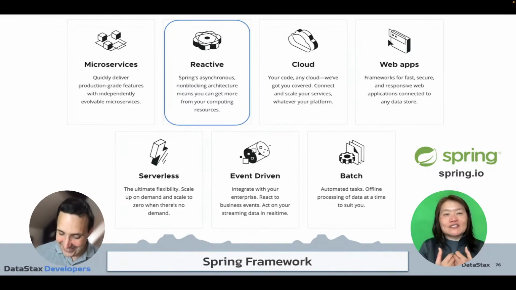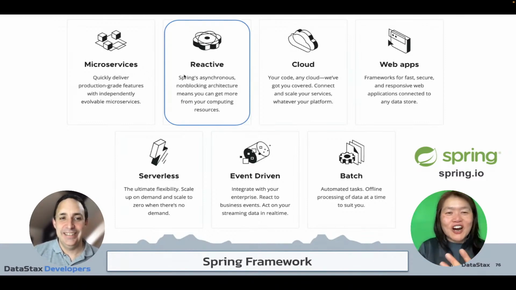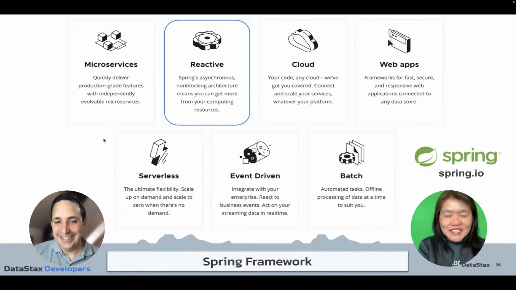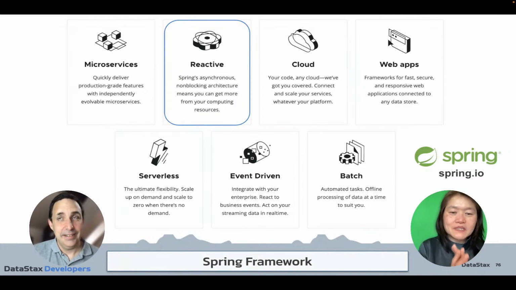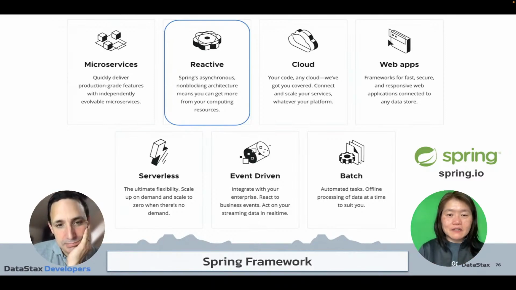And now Java itself has also caught up after Spring came out, which is Jakarta EE, just to mention it. As you can see, Spring offers microservices, reactive, cloud, web apps, serverless, event-driven, Spring Batch, for example, and these are major features that come out of this Spring framework. And if you want to use reactive, use the reactor.